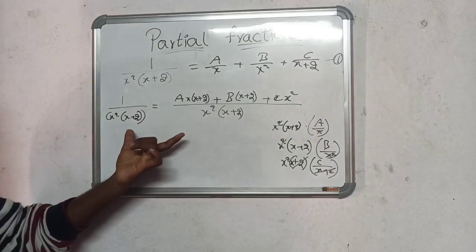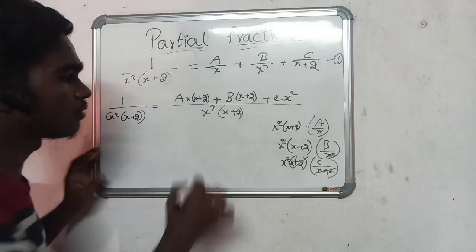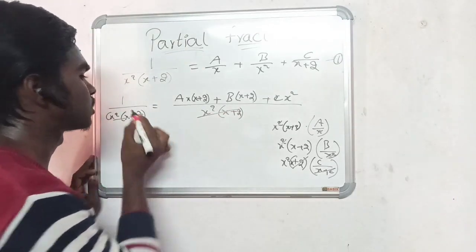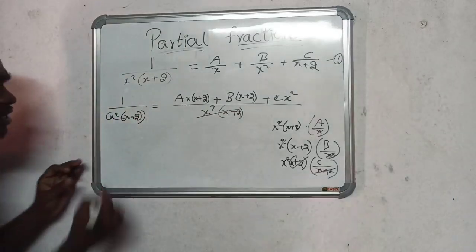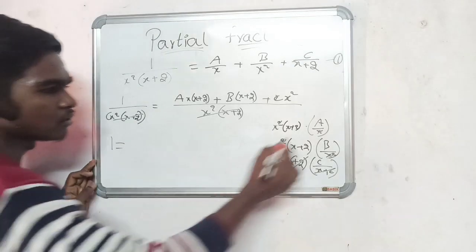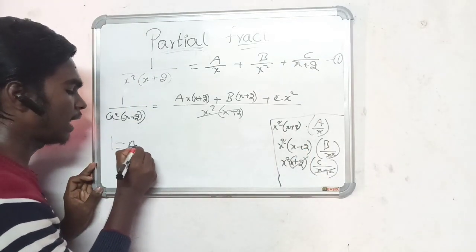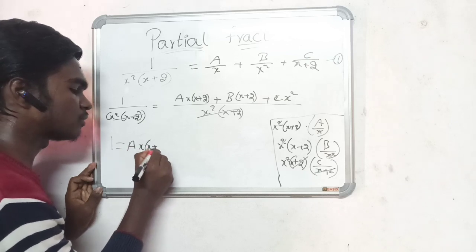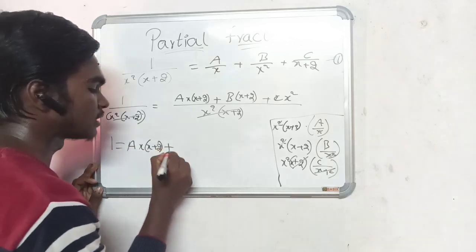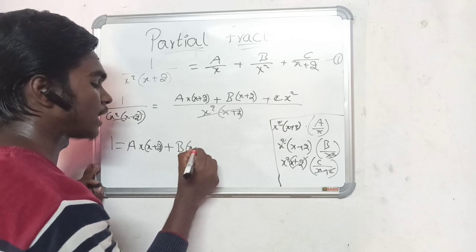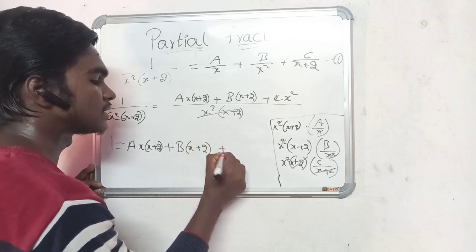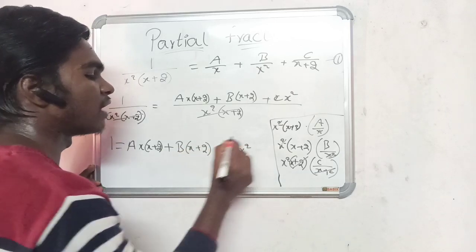Both the denominators on the LHS and RHS are equal, so we will cancel both the denominators. Then the remaining expression we have is 1 equal to a x into x plus 2 plus b into x plus 2 plus c x square.